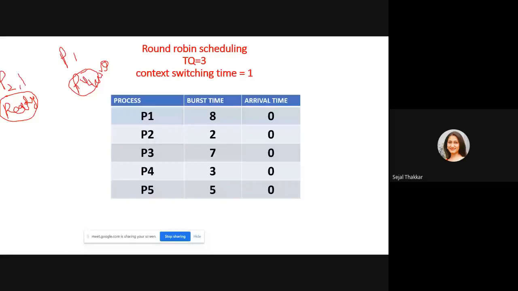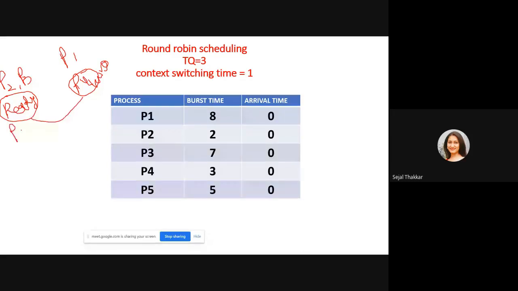Now processes are preemptive. Suppose a time quantum of 3 is assigned to P1 and P1 has completed 3 units of execution. Then P1 will go back to the ready queue by storing its state.